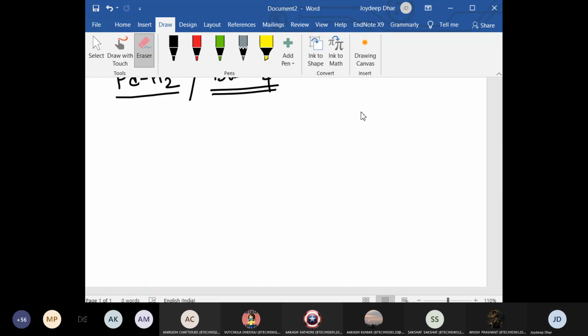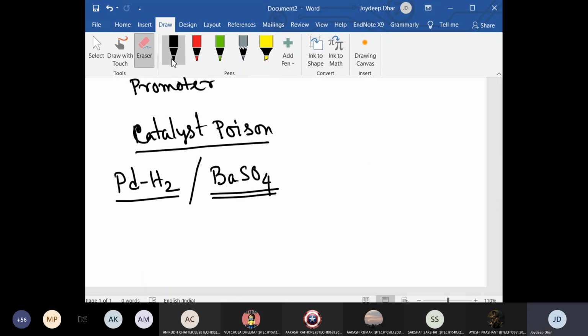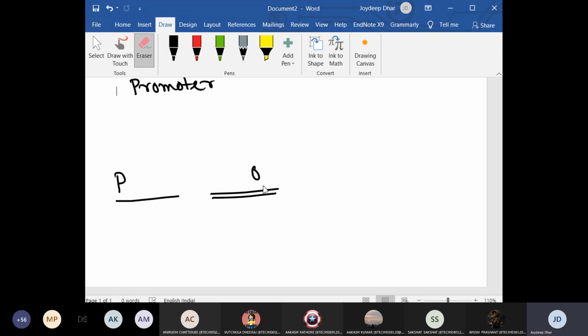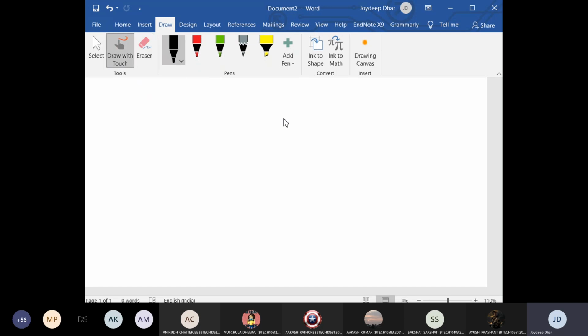And how does a catalyst work? There are two theories. One is intermediate formation, and in the other case it will form an adsorbed species. I will complete by showing the general theories of catalysis.